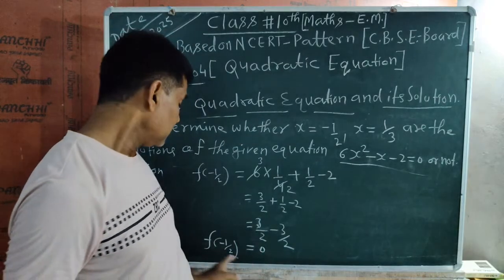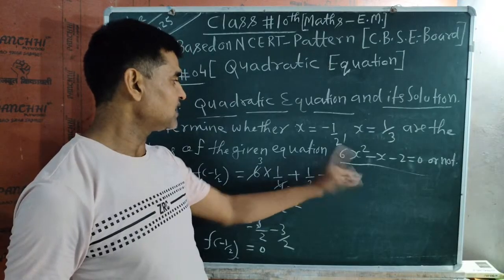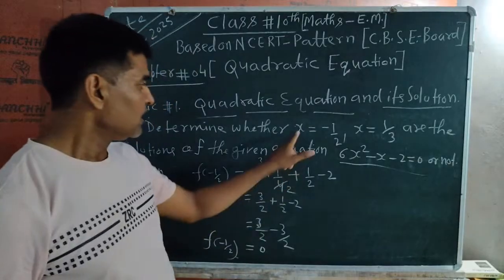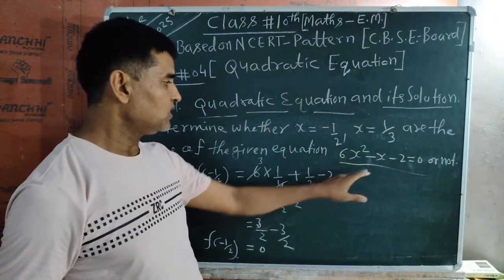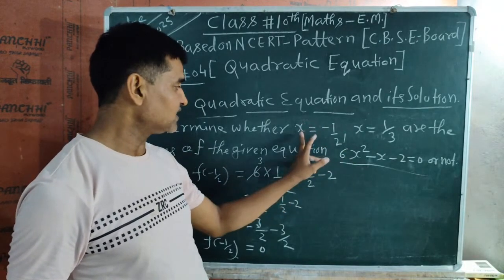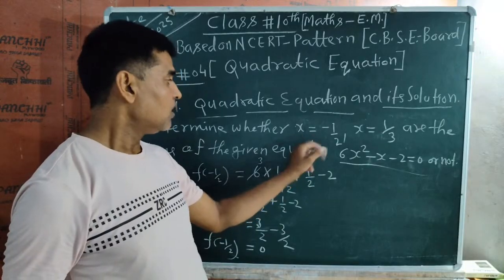It means that this quadratic equation is satisfied. Therefore I will say x is equal to minus 1 by 2 is one root of this quadratic equation, or I can say that the solution of this quadratic equation is minus 1 by 2.